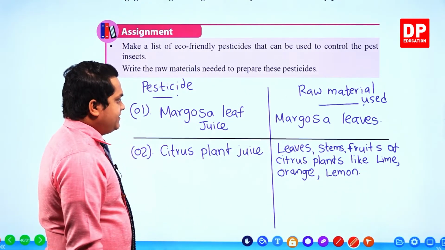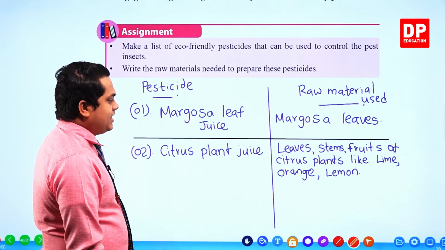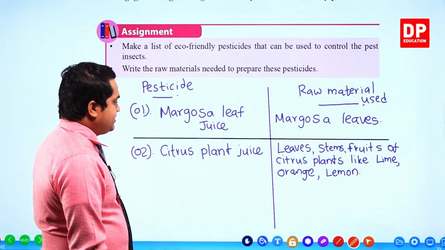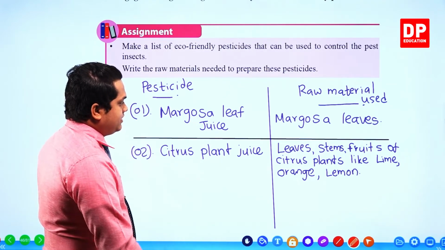Okay, so leaves, stems, fruits of citrus plants like lime, orange and lemon. So to get the citrus plant juice, we use raw materials like this.